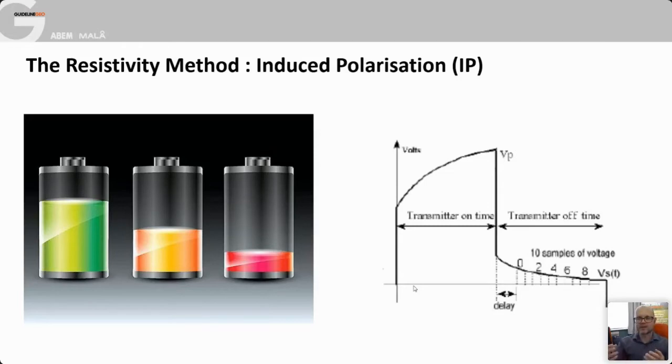We then switch the current off, and we would wait then and map how the voltage drops off over time. And if you have a high chargeability, if there's a big IP effect, then that voltage will tend to drop off quite slowly. And if there's no effect, then it disappears very, very quickly.